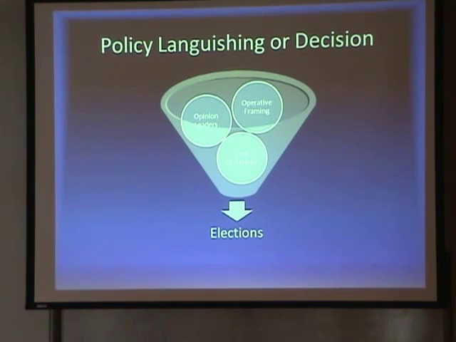So if we are looking at the policy decision process, what we've ultimately got here is operatives that are doing framing. We've got those that want to keep the status quo, those that want to get it changed.